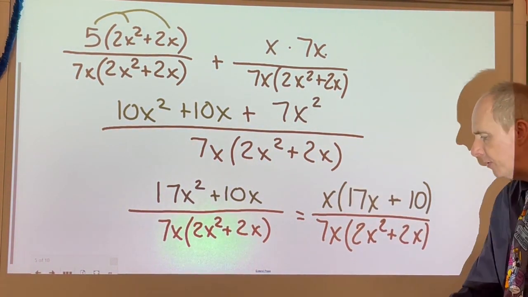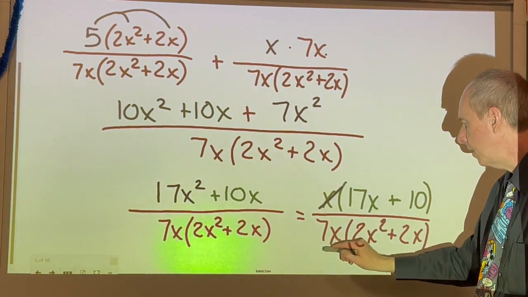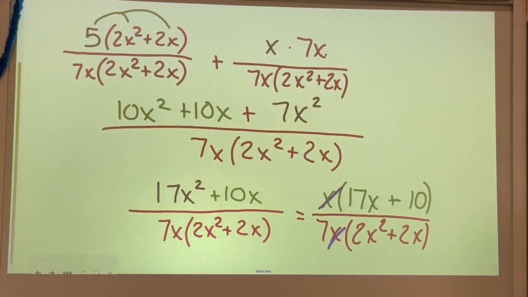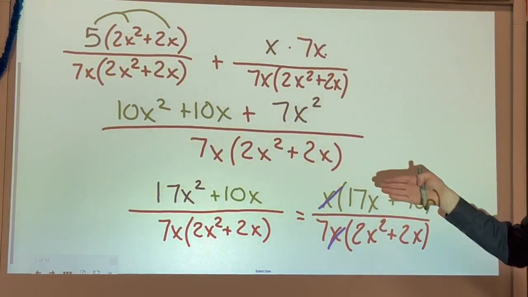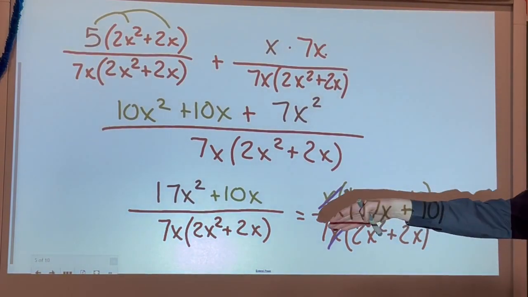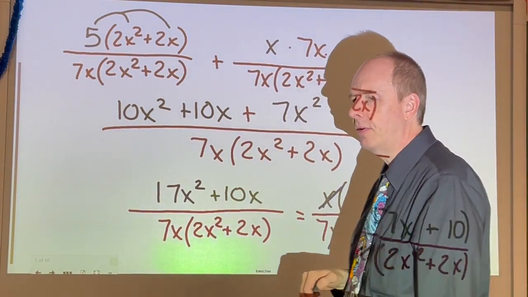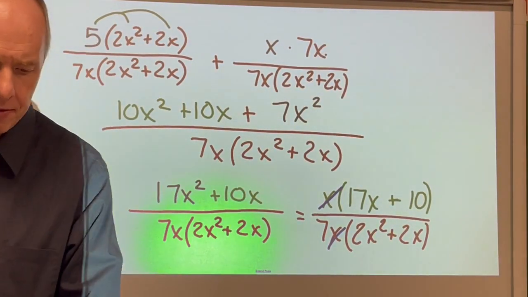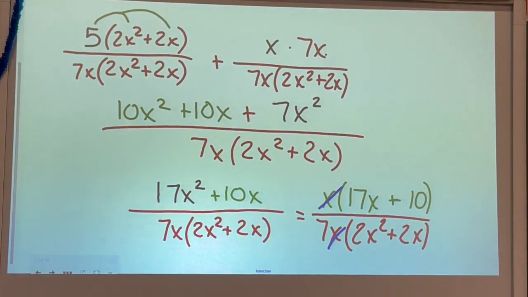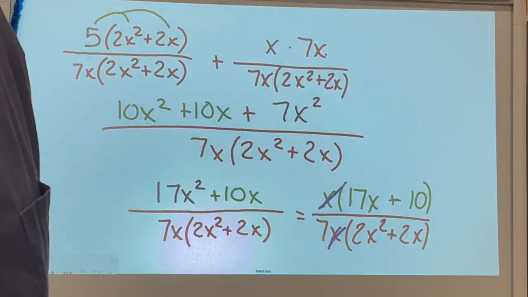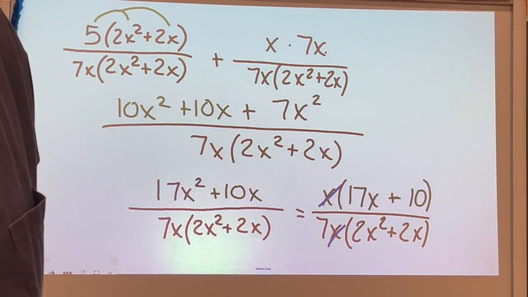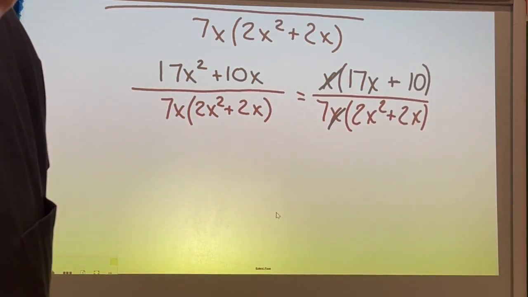Have an x on top, have an x on the bottom. They can cancel. I'm left with 17x plus 10 over 7 times 2x squared plus 2x. And yes, I could factor those parentheses at the bottom a little bit more if you were thinking, wow, 2x squared plus 2x, they have something in common. You're absolutely right.